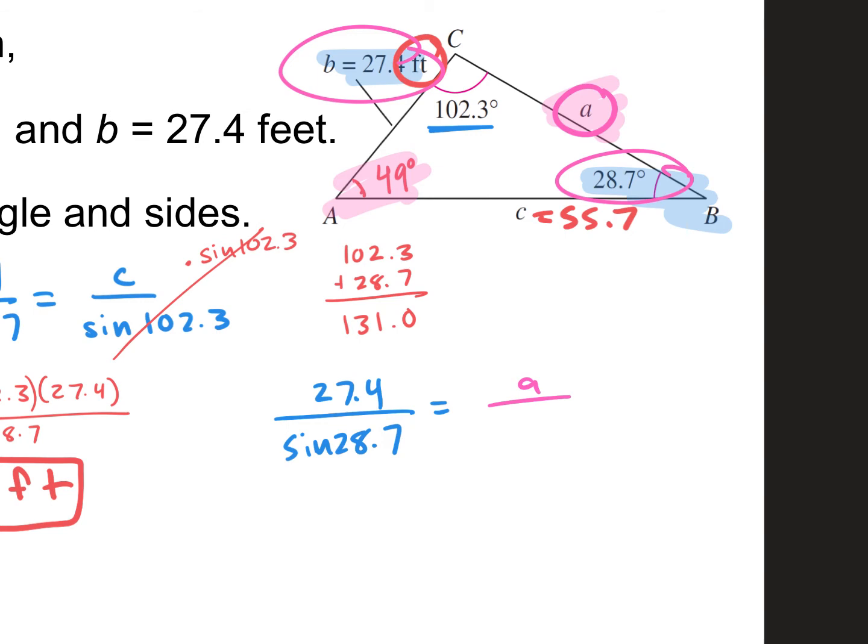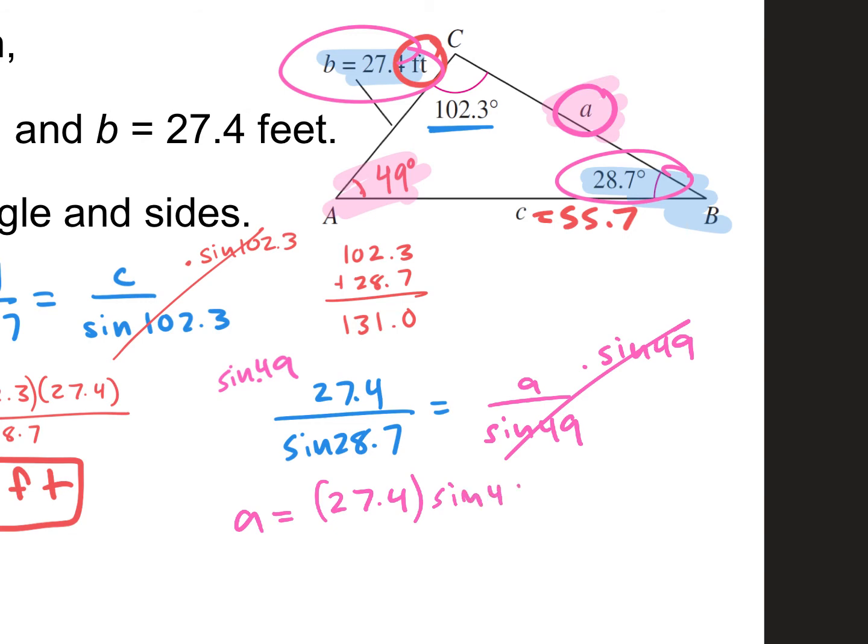So we have A over sine of 49. I'm going to multiply both sides by sine of 49. So it'll cancel there. I have A is equal to 27.4 times sine of 49 over sine of 28.7.